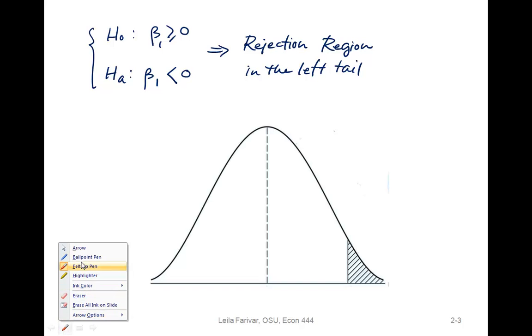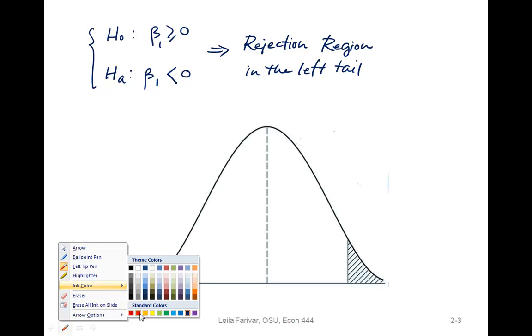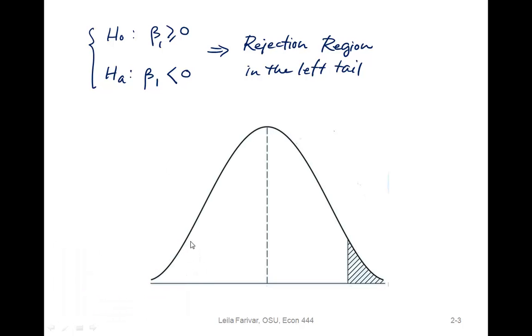The picture here is showing the shaded area, which is not corresponding to our example here, but let me consider this. So if this red shaded area is equal to alpha, the significance level of our test, let's keep our assumption that our significance level, which is the probability of type 1 error, is 5%. Then the rejection region would be anything to the left of this point here, which we call the critical value, and we will use the t-distribution table to find it. So that would be the rejection region for this test.